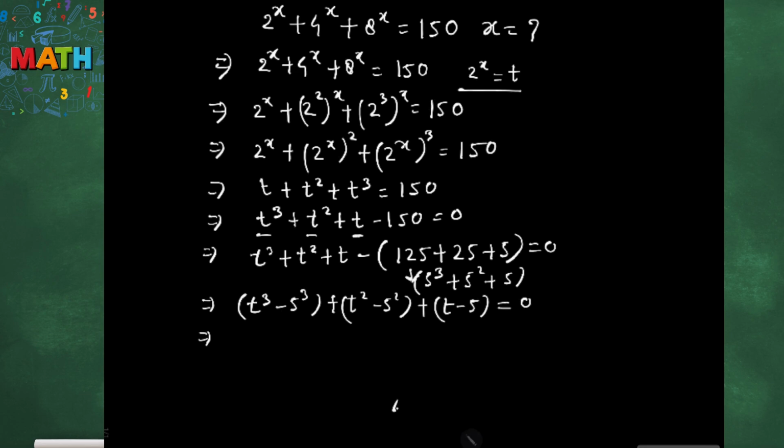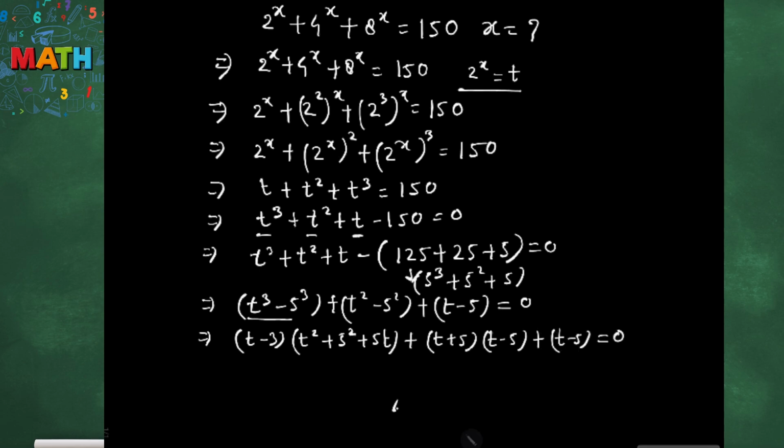Now t cube minus 5 cube can be rewritten as t minus 5 times t square plus 5 square plus 5t. This is the a cube minus b cube formula you apply here. Okay, this is the a square minus b square formula, plus t plus 5 times t minus 5, plus t minus 5 is equal to 0.